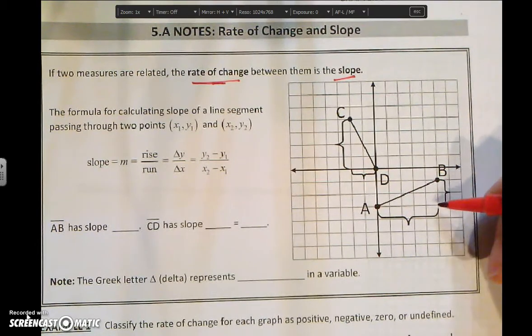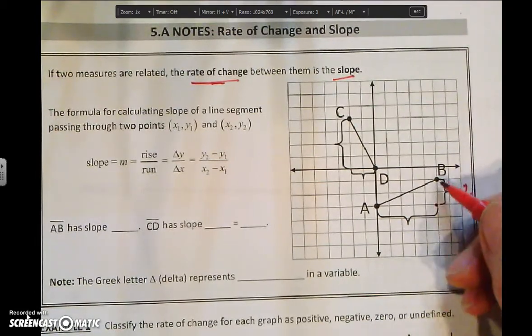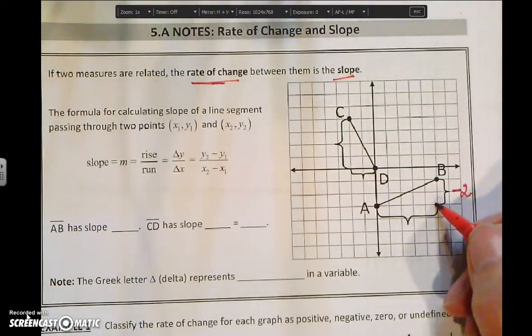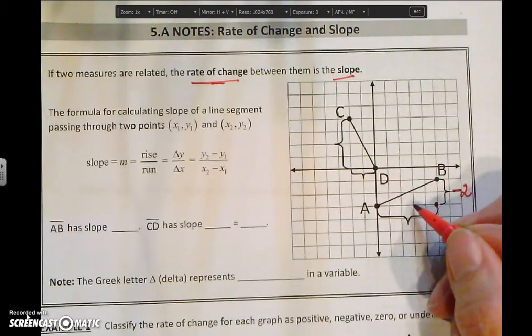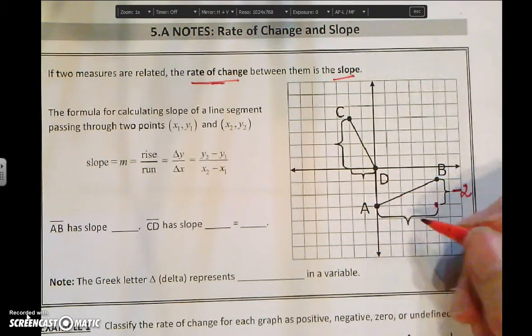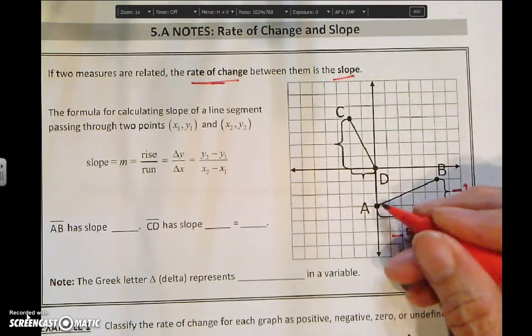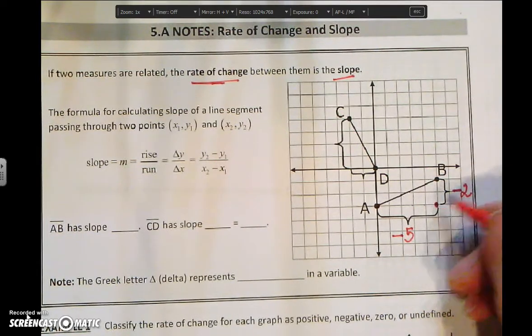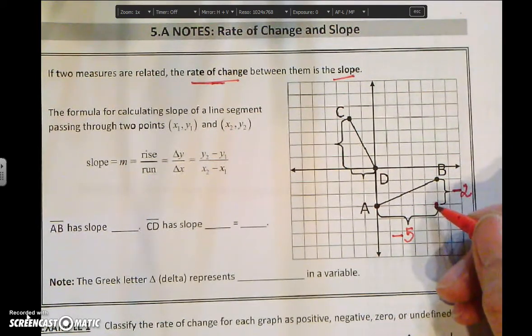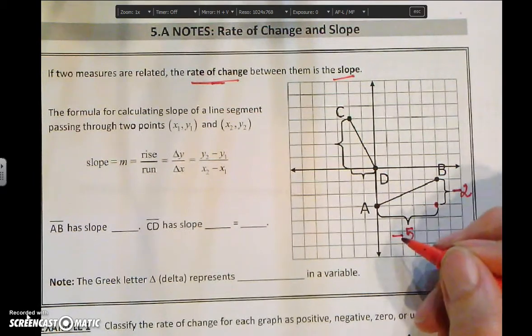So going down, I go minus 2. Then I'm going to the left, 1, 2, 3, 4, 5. If I go to the left, that's negative, and if I go to the right, that's positive. So down 2 is negative 2, and left 5 is negative 5.